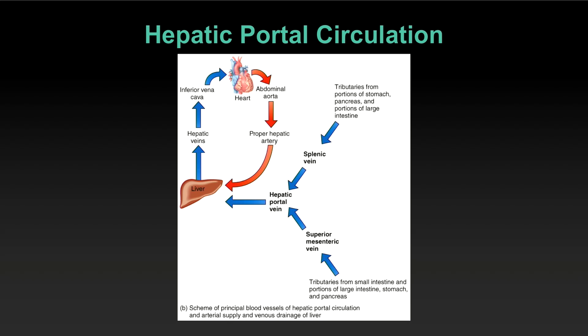It's delivered to the liver and then through hepatic veins returns to the systemic circulation. This is exactly the same thing that we just talked about, but it brings in the arterial supply, which was one of the questions on yesterday's activity. The proper hepatic artery that delivers oxygenated blood so the liver tissue can work properly.